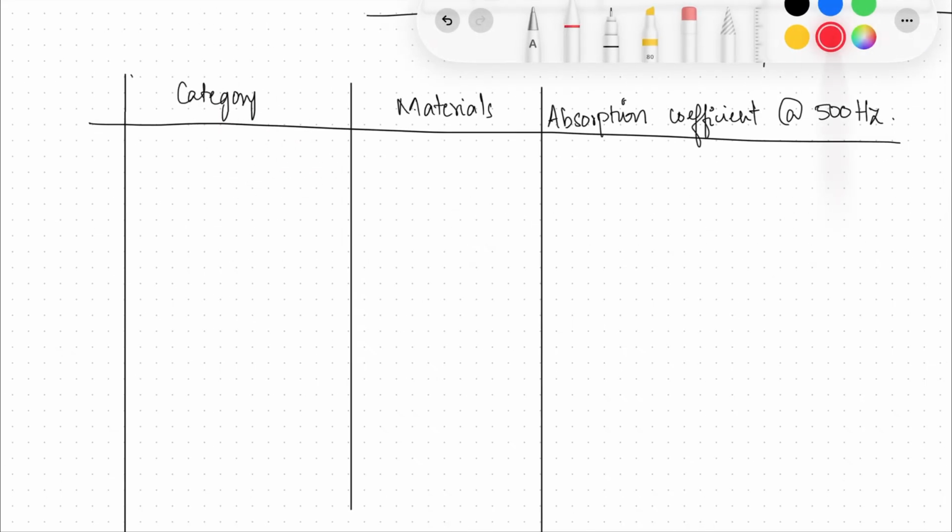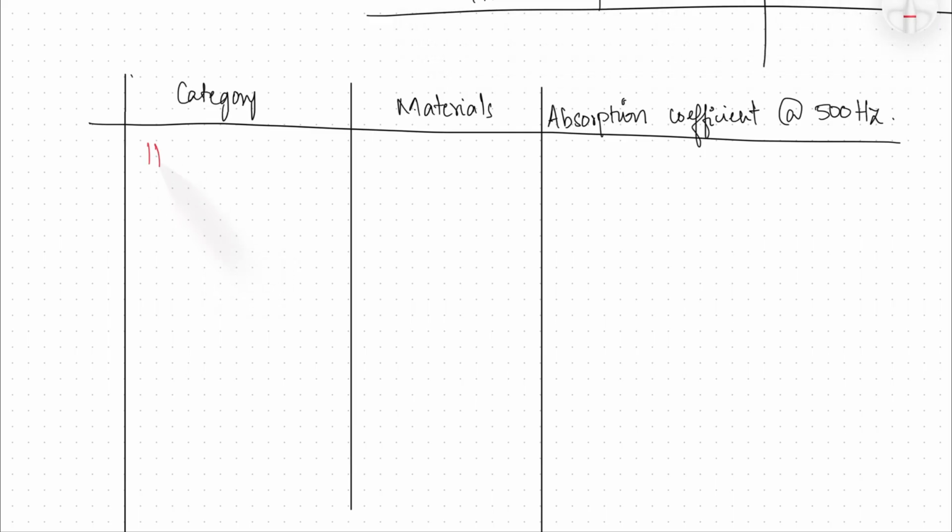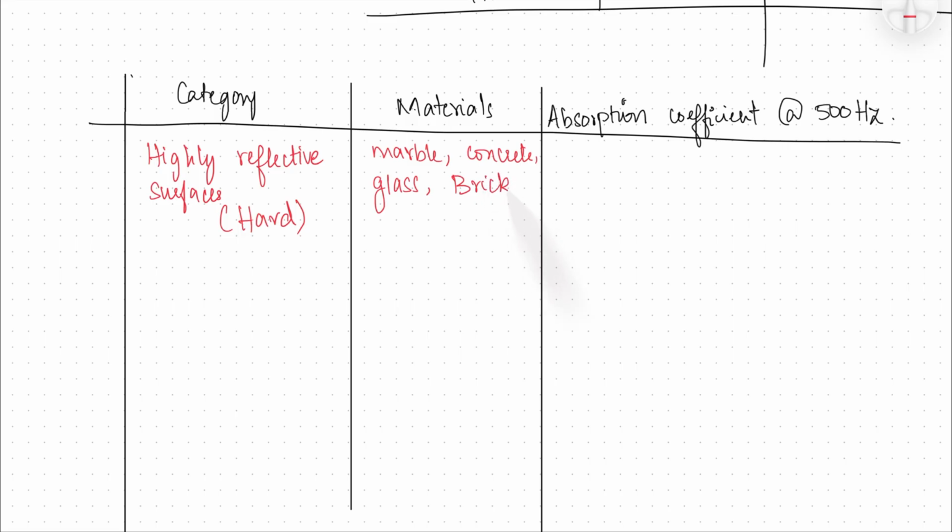Now for highly reflective surfaces, so mostly hard surfaces like marble, concrete, glass, brick, they all have really less absorption because a lot of it is reflected, right? So 0.01 to 0.05.